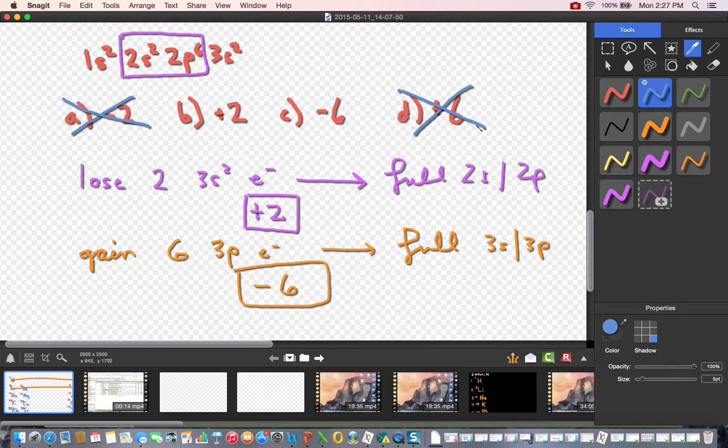There are two ways we could think about this. We could be very simplistic and say, well, which is easier, to lose 2 or gain 6? And hopefully most of y'all would say to lose 2, which would be the right answer. Or you could use some chemical logic and realize that every time you add an electron, there is a repulsive energy that is going to be introduced to the system.